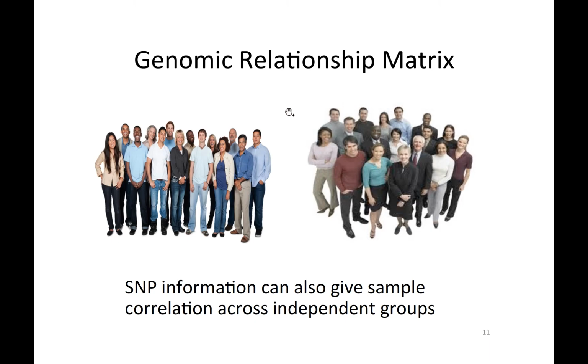Also, this genomic relationship matrix can be used to link two independent groups, for example these groups and these groups. Previously, there was no way to link these groups if they were basically unrelated. But now, as long as they are genotyped for the same set of SNPs, you can work it out based on the SNP similarity, genotype similarity. Therefore, you can construct the relationship between any independent groups.